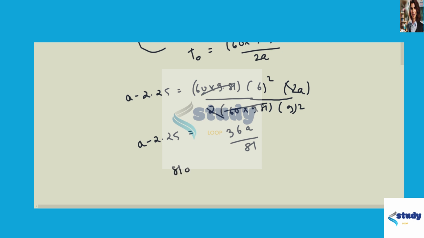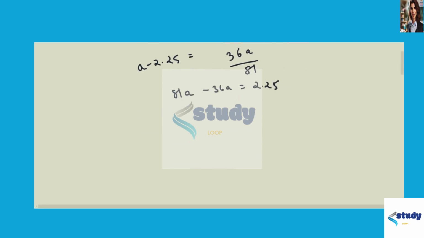So 81a minus 36a should be equal to 2.25. 81 minus 36 is 45.